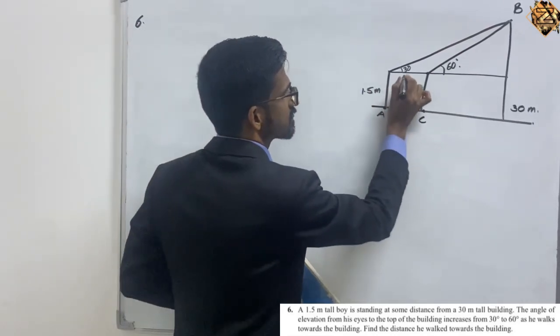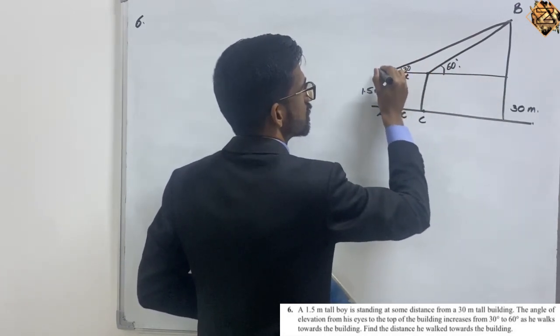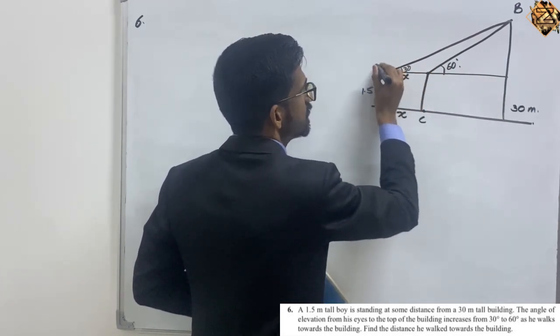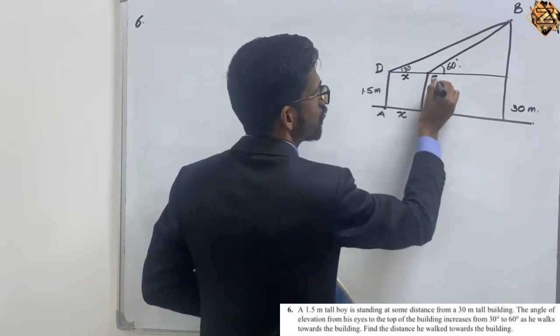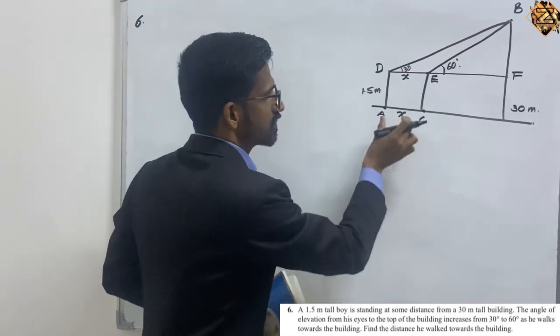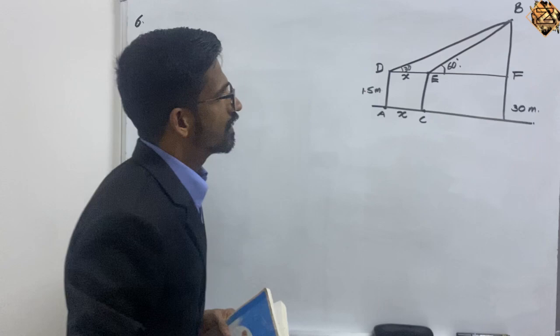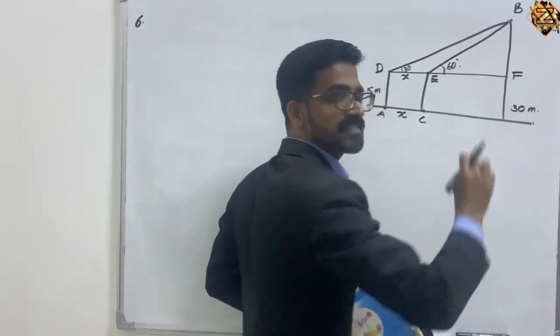Here we can take this as a triangle. The triangle formed is D, this be the point E, and this be the point F. So let the distance he walked be X, and the total height of the building is given as 30 meter.